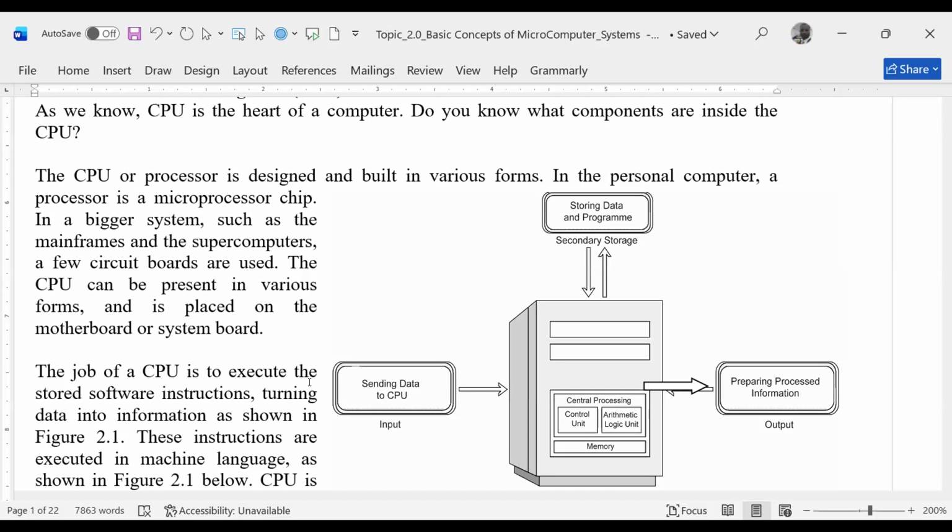The job of the CPU is to execute software instructions. When you switch off your machine, the software like Word, Windows, are all saved on your storage device like hard disk or any other means.